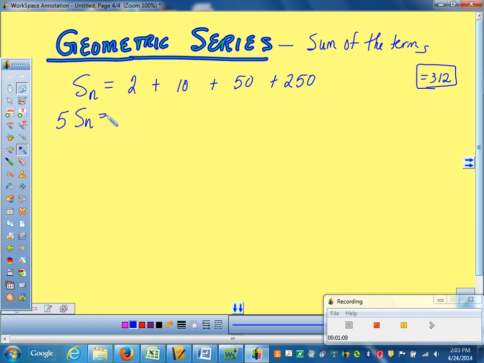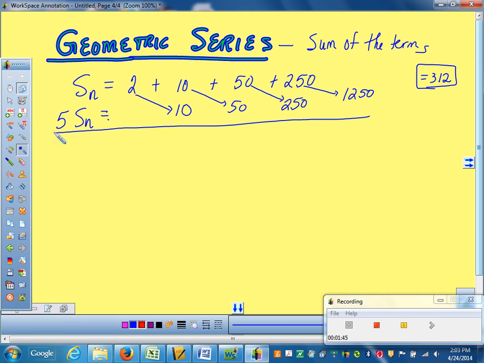I'm going to take this whole thing times 5, and I'm going to choose where I write those numbers. 2 times 5 is 10, but I choose to write it over here. 10 times 5 is 50. 50 times 5 is 250. And 250 times 5, there you go, 1,250.